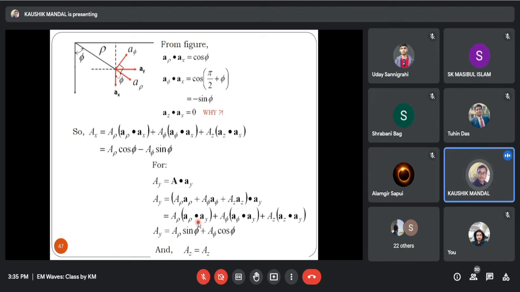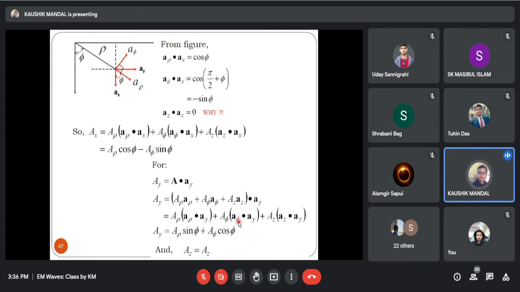If you simplify it, you have to find out the dot product between a rho and ay, a phi and ay, and az and ay. Now once again, from this figure you can easily find it out. A rho dot ay: this angle is 90 degrees minus phi, so it will be sin phi.